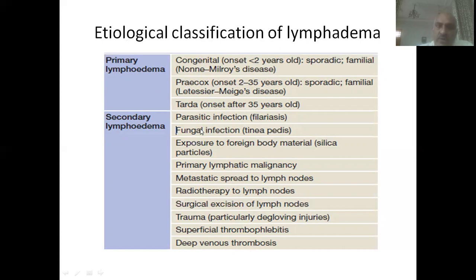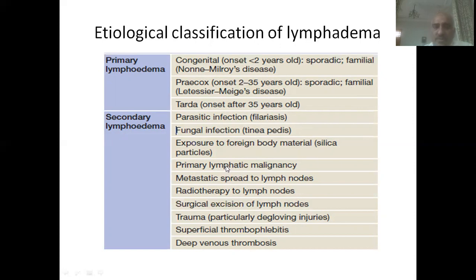Then secondary causes include infections, fungal infection, and exposure to foreign body material like silica. Silica is a particle. Laborers who work barefoot in some factories are exposed to silica. These particles go into the dermal area and slowly impair the capillary and lymphatic area in the early phases, so the swelling starts from the foot.